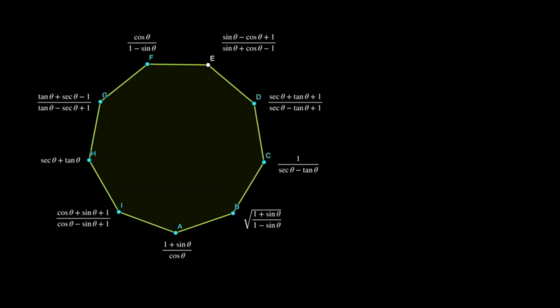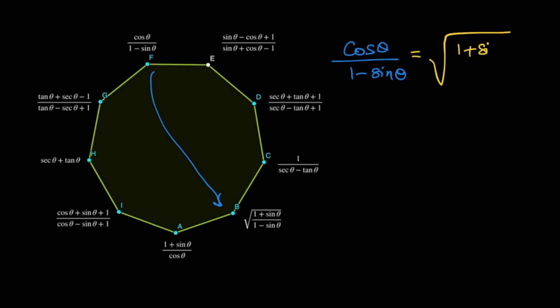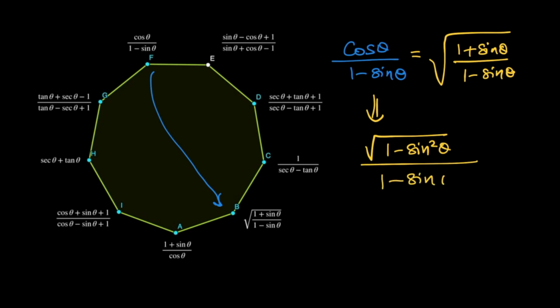Now let us see how we can go from, say, F to B. So we have cos theta divided by 1 minus sin theta. And we have to show that this is equal to root over 1 plus sin theta divided by 1 minus sin theta. Okay, so what I'm going to do is write cos theta as root over 1 minus sin square theta divided by 1 minus sin theta.